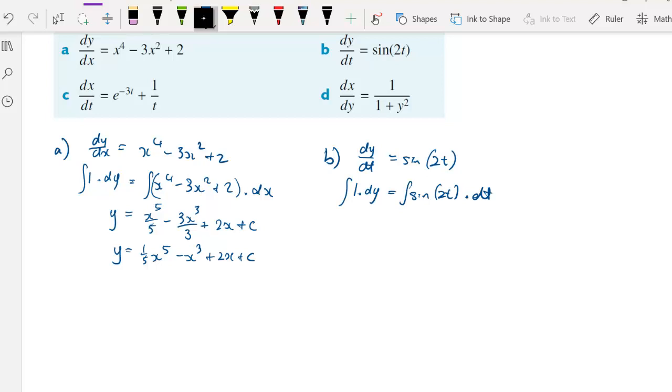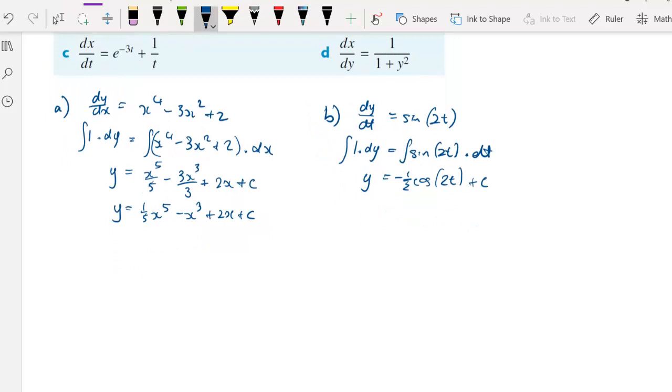The integral of 1 with respect to y is y. And the integral of sine is going to be negative cos, and because we've got this 2t within, it's negative 1/2 cos of 2t. And don't forget the plus c. Again, we've got our general solution.